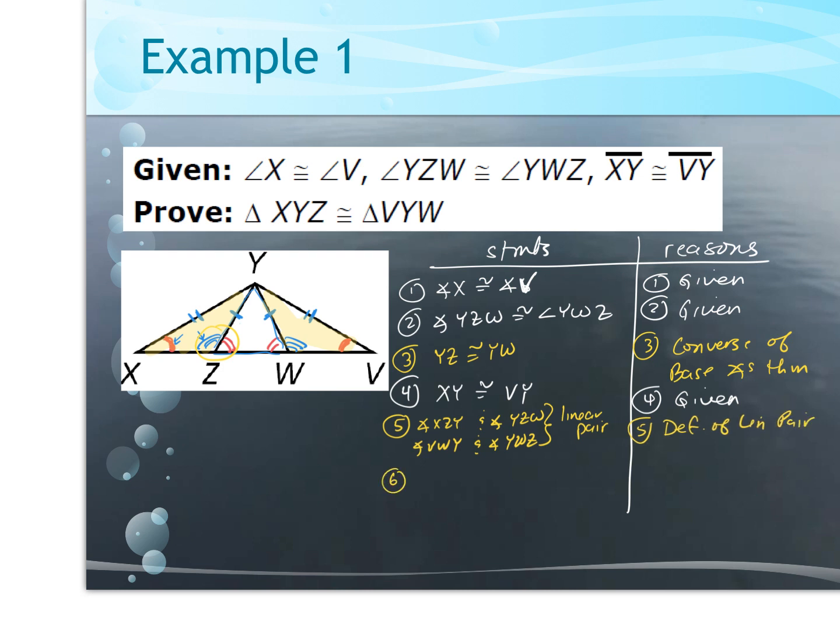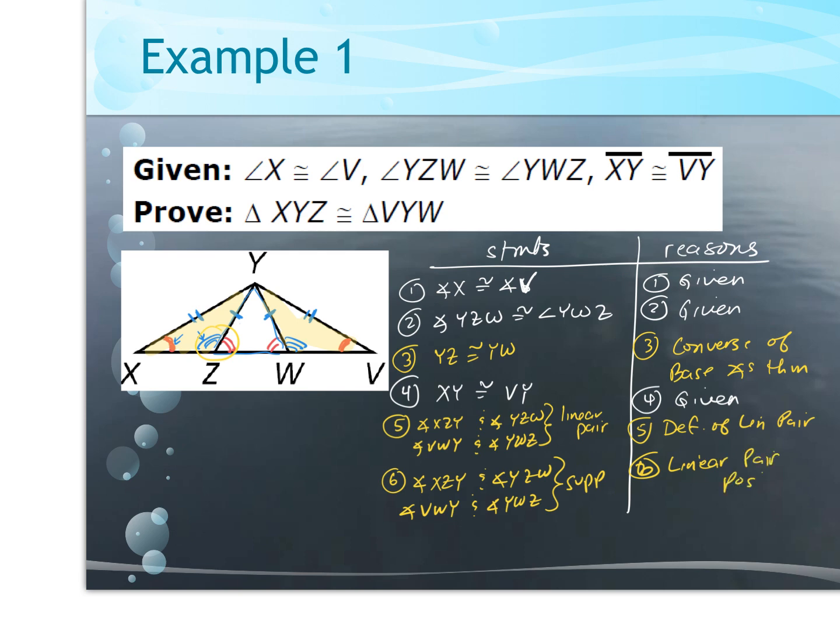When I go to 6, I'm going to say that these two sets of angles are supplementary. So angle VWY and angle YWZ, I know that these are supplementary. And the reason I know they're supplementary is because the linear pair postulate says they are.